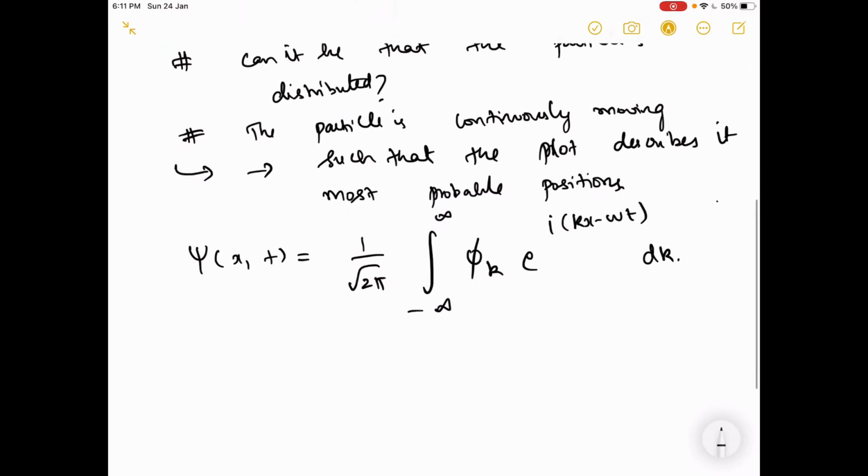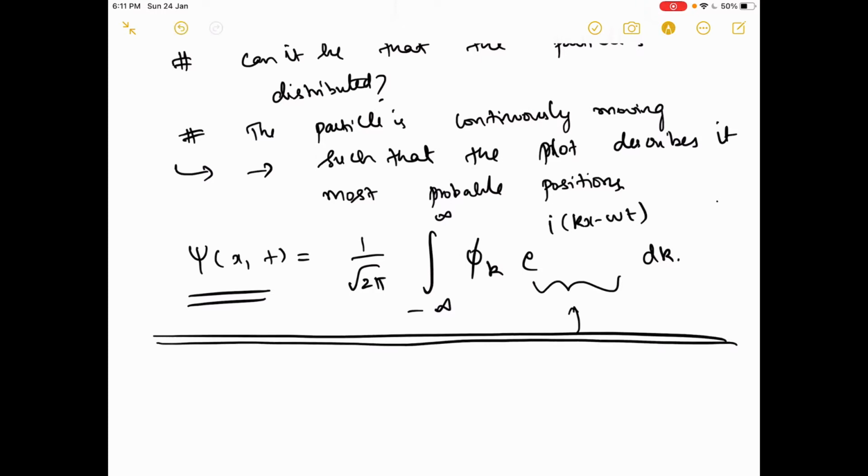So we saw that e power i(kx minus omega t) are the basis vectors for the continuous function, infinite dimensional space, and any function in that infinite dimensional space can be expressed as a linear summation of such an infinitely long set of functions, and such an infinitely long set of functions can be integrated, right? So this is the reasoning behind this, and this definition is very similar to the Fourier transform that you have previously seen, right? So this is how all these things came into the picture.